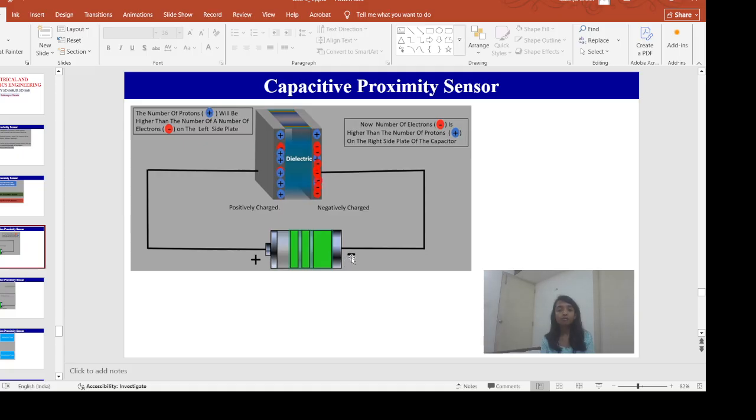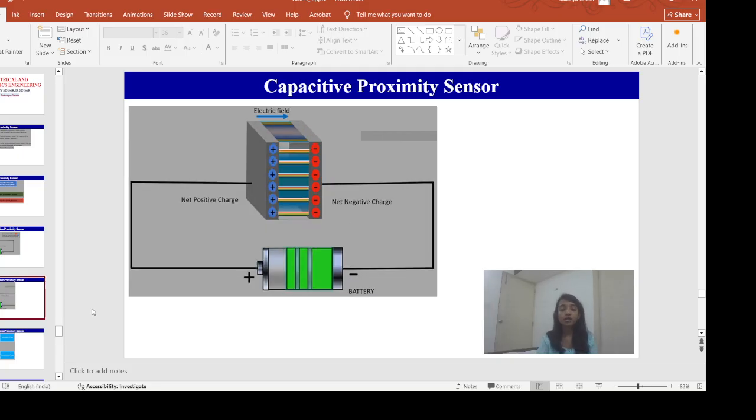So when we connect it across a battery, from the negative end of the battery, electrons will come out and start accumulating at this side of the plate. And what will happen to the other plate? The electrons on that plate will be attracted to the positive terminal of the battery.